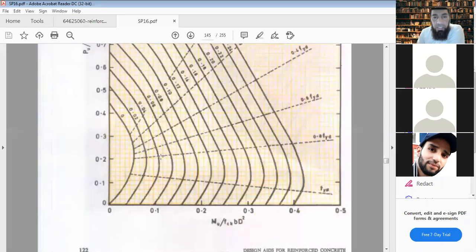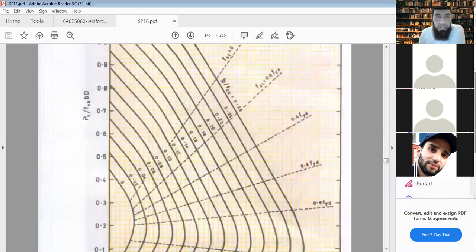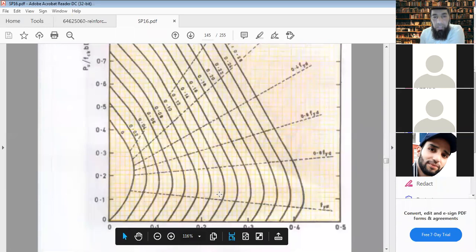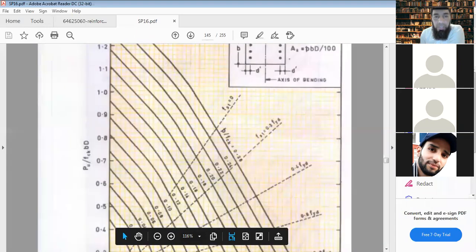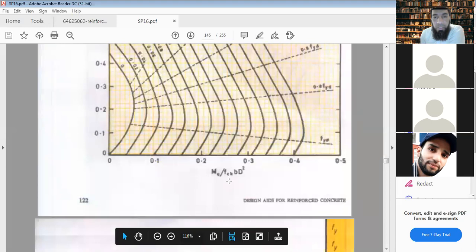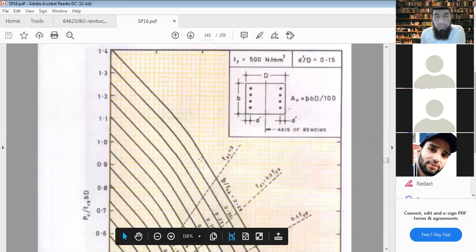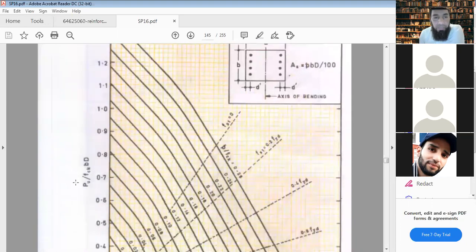Now, what are these charts? You have a chart which has Pu. Pu is actually the load. It's with respect to Mu, which is the moment. So these are the P to M interaction curves, the load to moment interaction curves. fck bD square has been used such that the curves are normalized about both the axes.